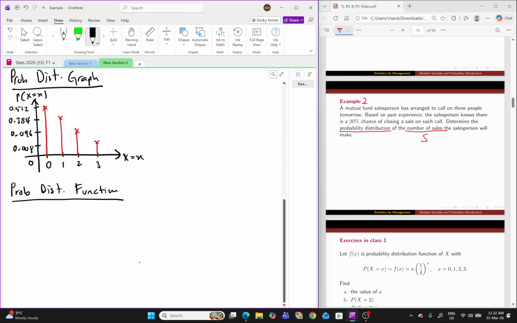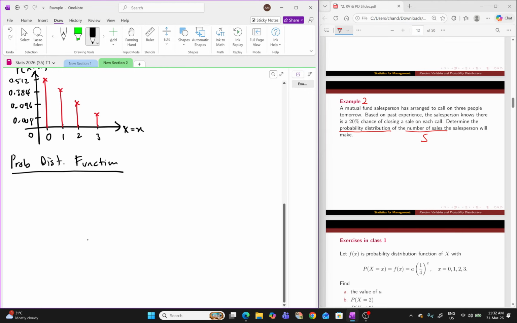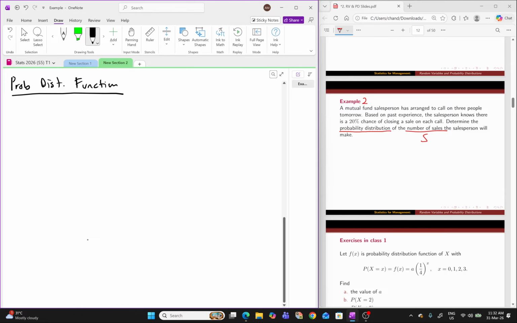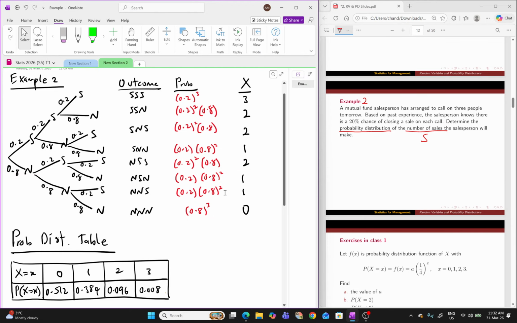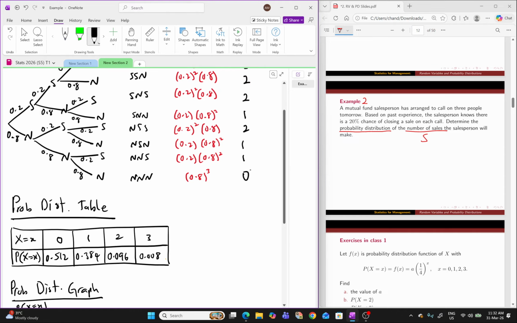Probability distribution function or equation. Normally we use function. So if you look at this pattern here, if you look at this pattern, 0 is 0.8.